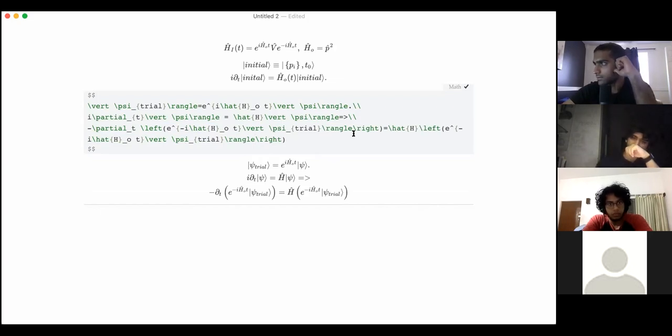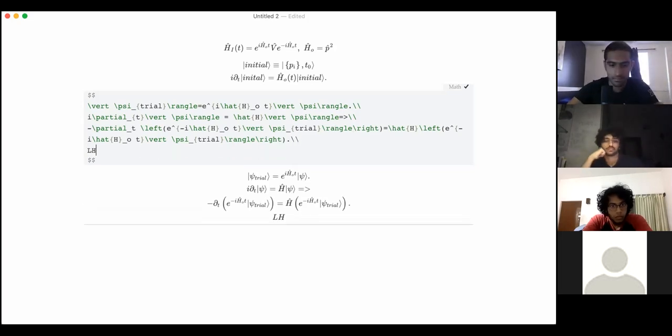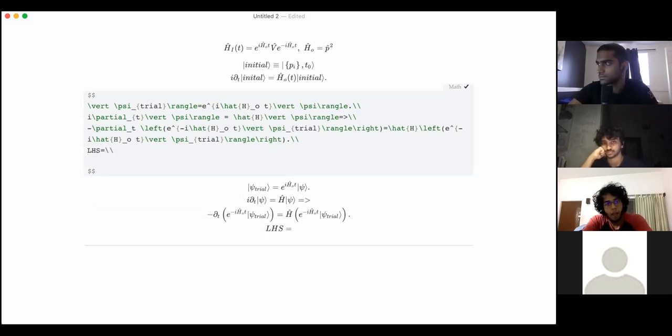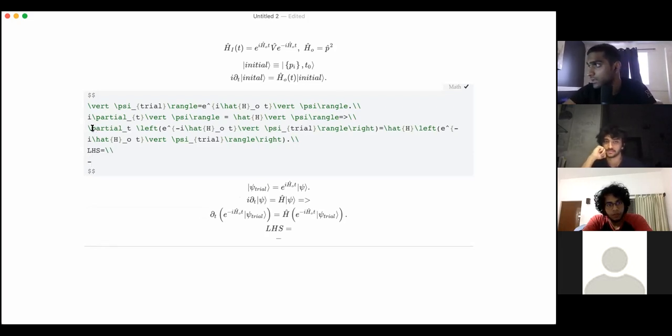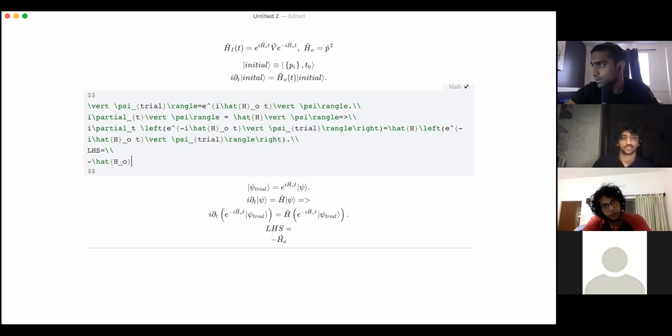Now let's see what we can buy ourselves. The left-hand side equals, there's no minus, you said, right? But there's an i. Now there will be a minus, H naught times this whole mess.